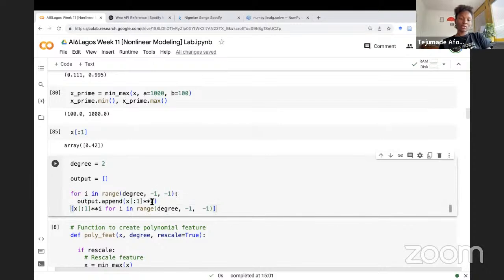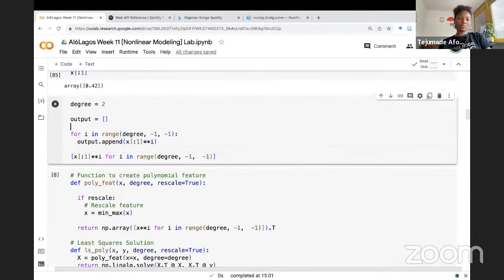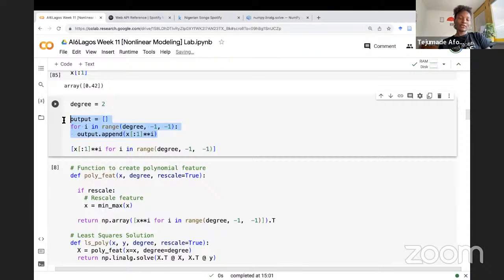Oh, no, not square, i. So these 3 lines of code are this 1 line of code. It's like when people write notebooks, depending on how sophisticated they are as a programmer, they use the shortcut technique, because why not?